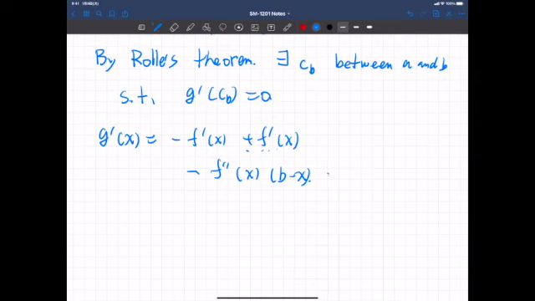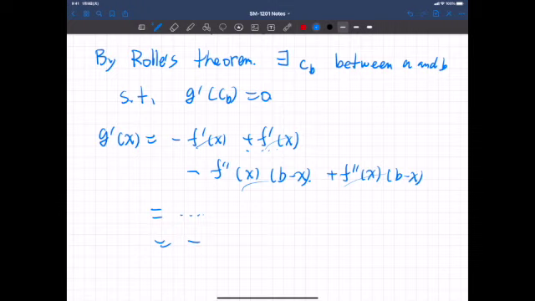So it will be this (b - x). So this will cancel, and if you continue this, everything will cancel. And after some calculation, what's left is this.